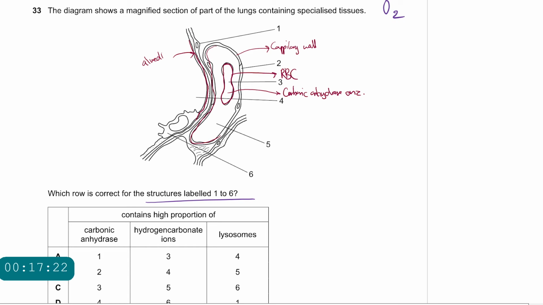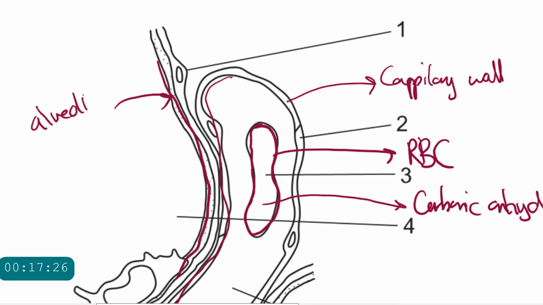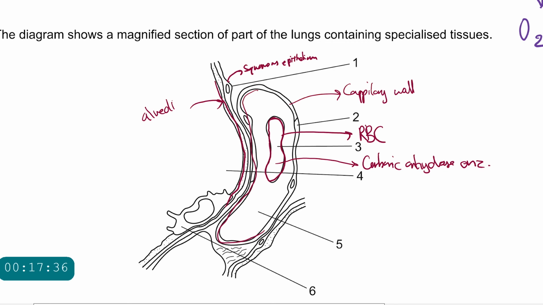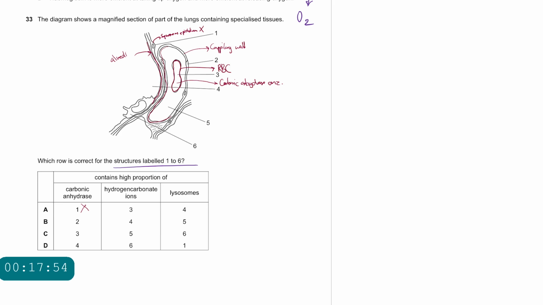Choice number 1, carbonic anhydrase, it's assuming that is going to be the squamous epithelium. Here's the squamous epithelium, and this is the lining of the alveoli. So this is definitely incorrect. 2, it's assuming that the capillary wall is the carbonic anhydrase, and this is incorrect.